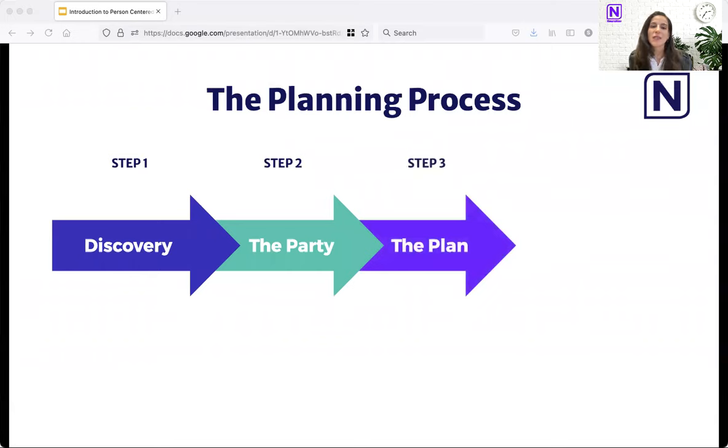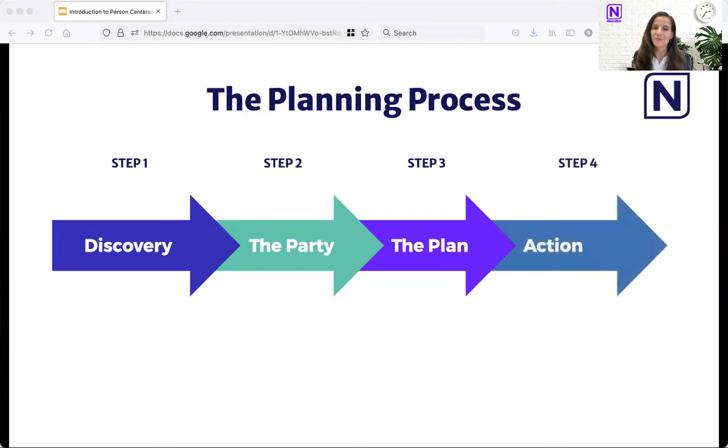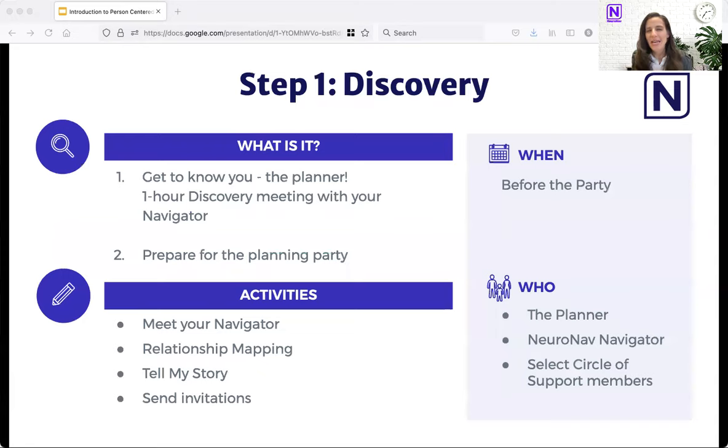Step 3, the plan. This is where we take everything that we've learned through that discovery process and the party, and we create a unique person-centered plan just for you. The final step, action. You and your circle of support have your person-centered plan, and we help you put it into action. Let's dive into each one of those really quickly.